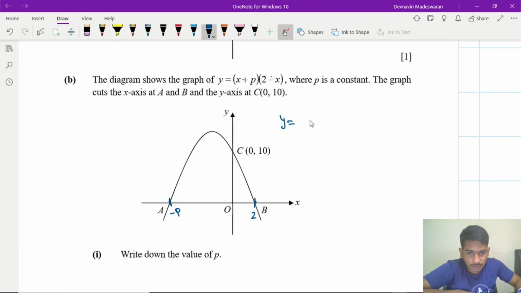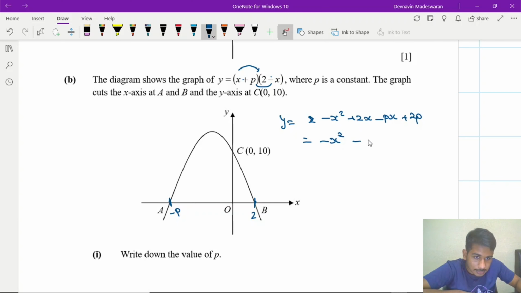Let's expand it out. It's going to be negative x squared, then x times 2 is 2x, then p times negative x is negative px, and then the constant is 2 times p, so 2p. So it's negative x squared plus x times 2 minus p, and then plus 2p.